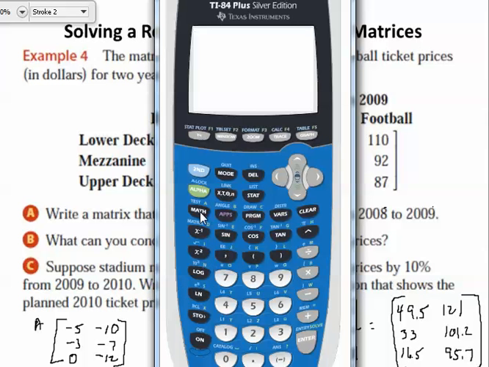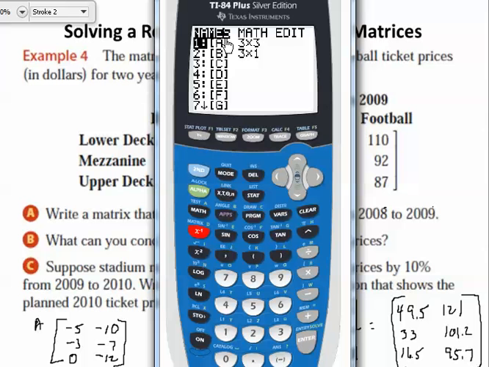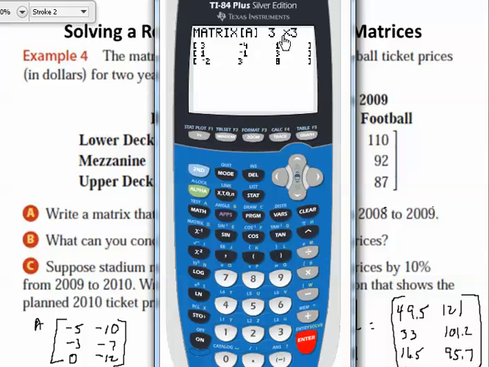Right here above this inverse key, it says matrix. If you press second matrix, it gives you the ability to put matrices in here. All you gotta do is go over to edit, like that, and press enter. It asks you how big the matrix is. You key the values in here, and then you can do things like matrix math.